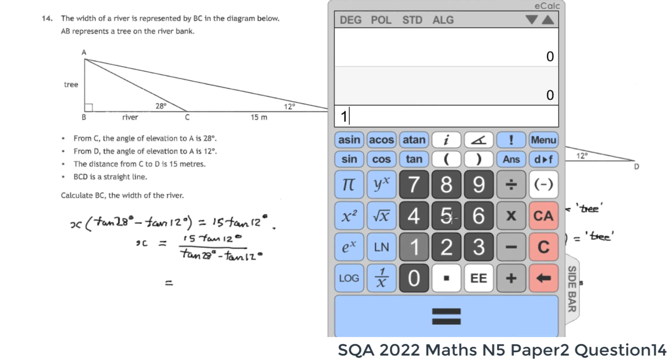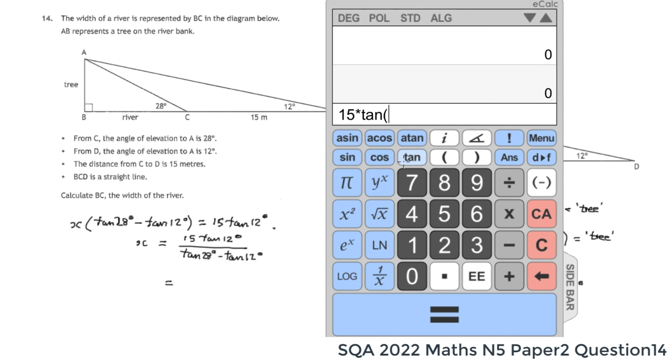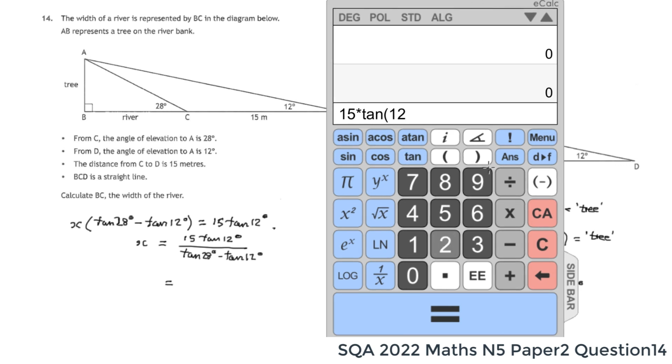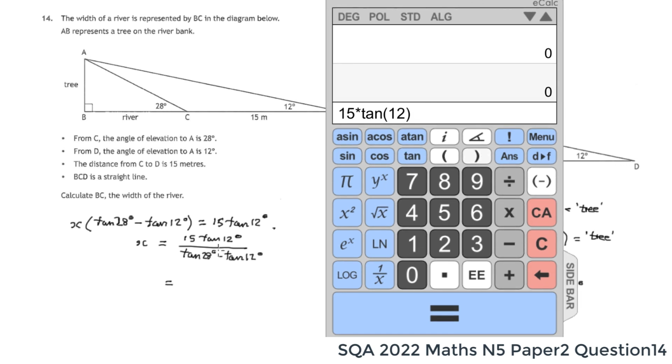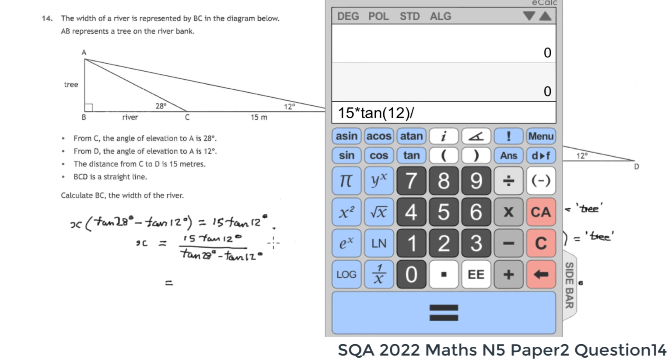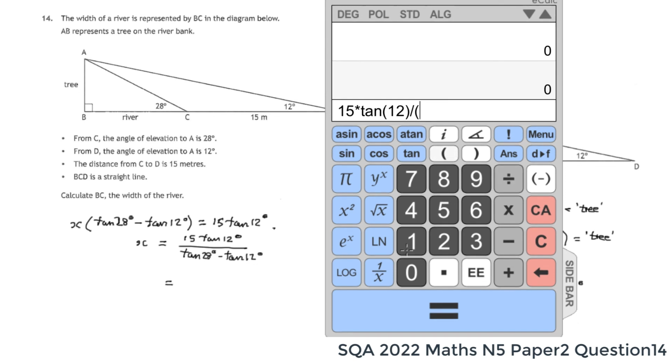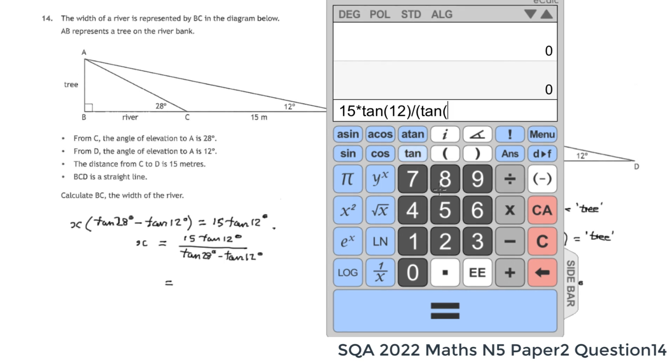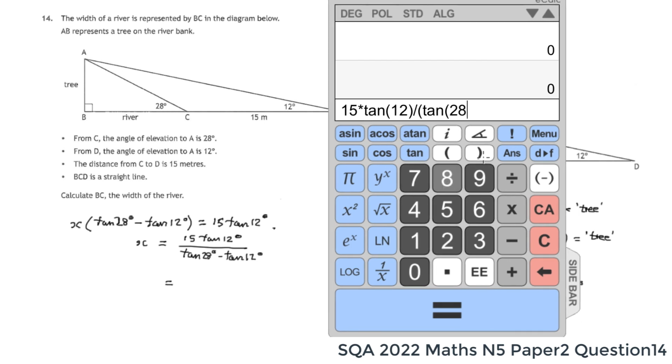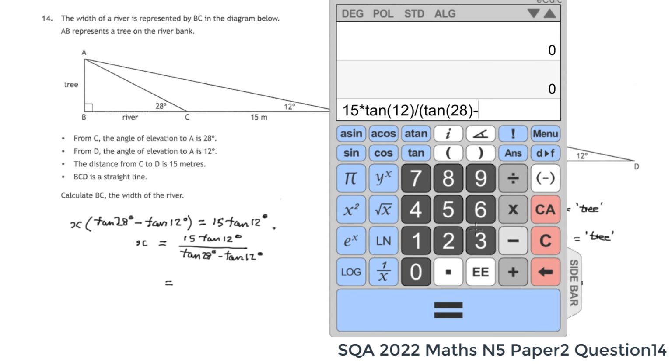So we've got 15 times tan 12 degrees, and then we have to divide that. Now here's a problem. It's not just divided by this, it's divided by the whole of the expression tan 28 minus tan 12. To be safe, I'll put all of that in brackets so that I know it's going to calculate whatever tan 28 minus tan 12 is.